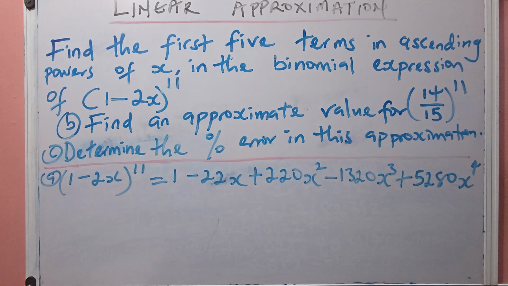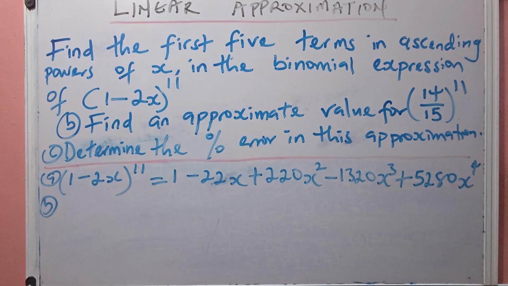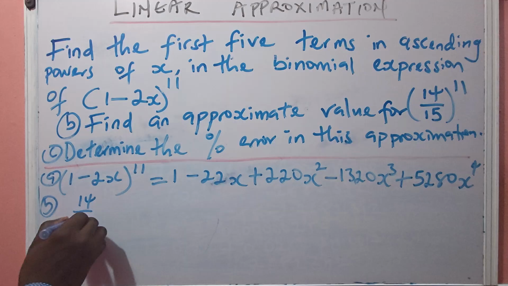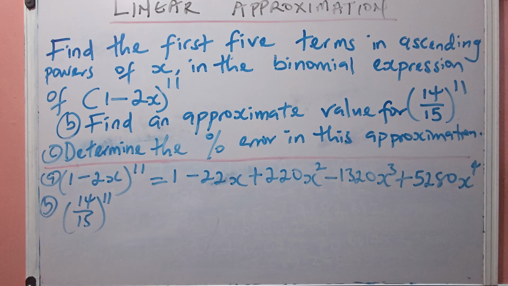Let's try and solve question number B. So question number B, we're supposed to find an approximate value for 14 over 15 raised to the power of 11. All right. Now, of course, I know that 14 over 15 can also be gotten in decimal form, but in a case like this, I would prefer you maintain the state of the question.